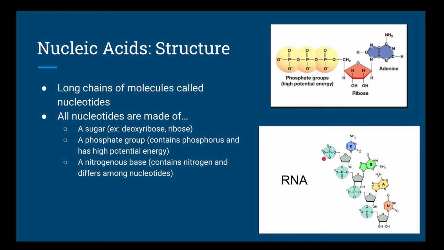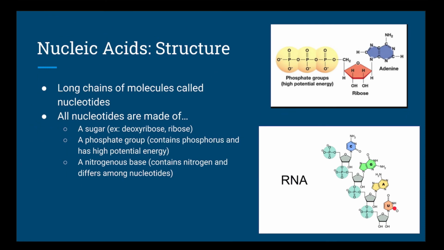In the sugar groups, we're looking for oxygen and hydrogen, which we can see here. And in the nitrogenous base, we're looking for nitrogen, obviously. And remember how each nitrogenous base can differ. So the key thing you're looking for is the nitrogen element in each of these 4 nitrogenous bases.